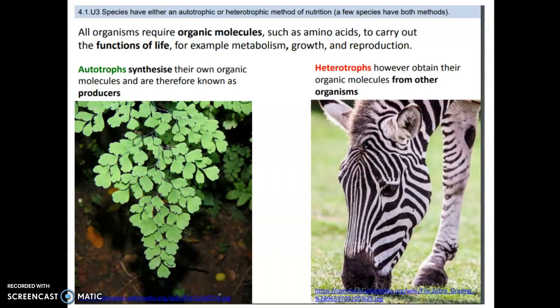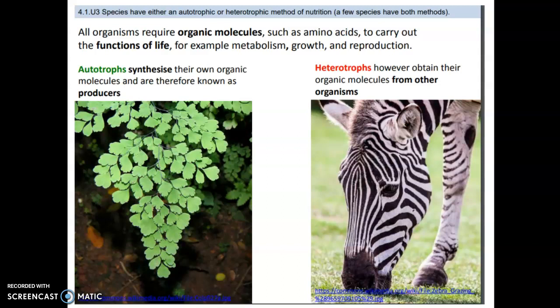Okay, for the definition of autotroph, which we often think of as green plants, and we say that all plants are autotrophs, that's not entirely true. Okay, so just be careful there. Autotrophs, by definition, are able to synthesize their own organic molecules. Okay, and that's what makes them producers. But not all plants can do that.